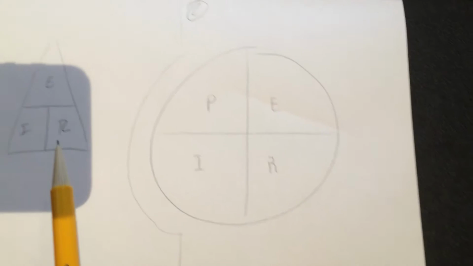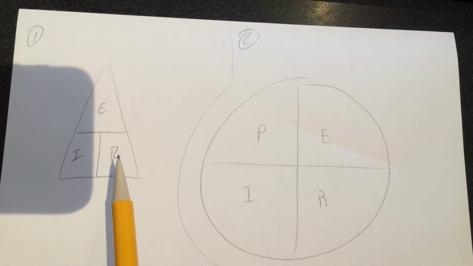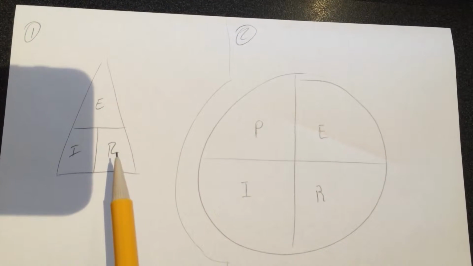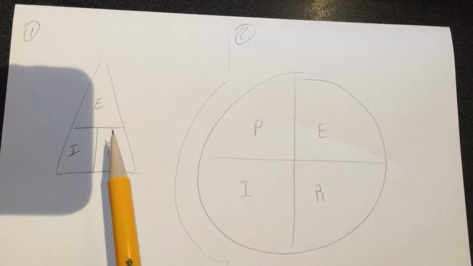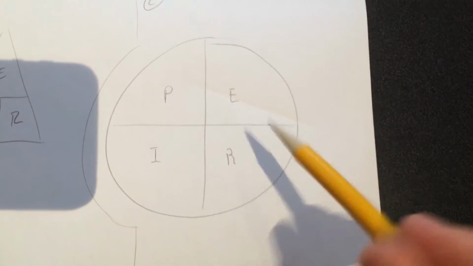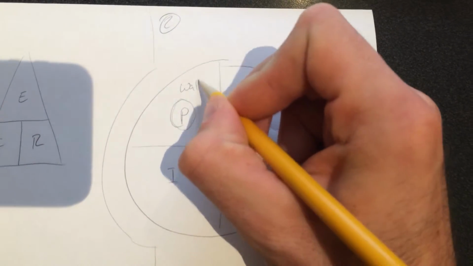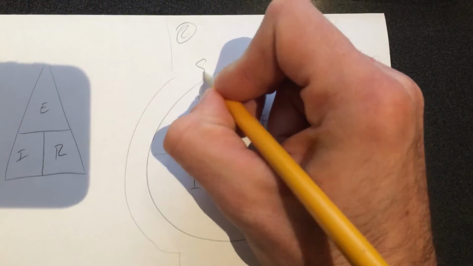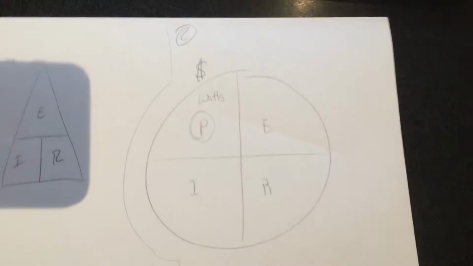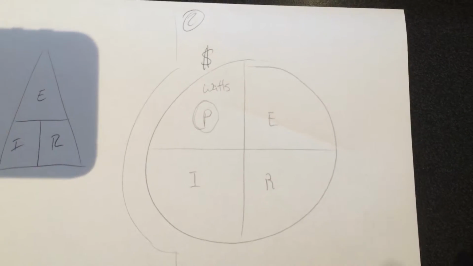So the same way over here that you covered up the R, I, or E, you do the same thing over here, and this right here is watts, and that is what your bill is that you have to pay every month, your electric bill.